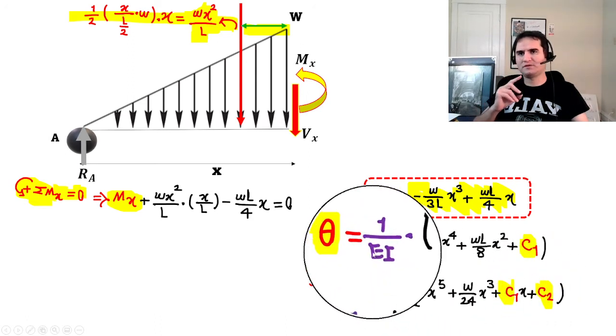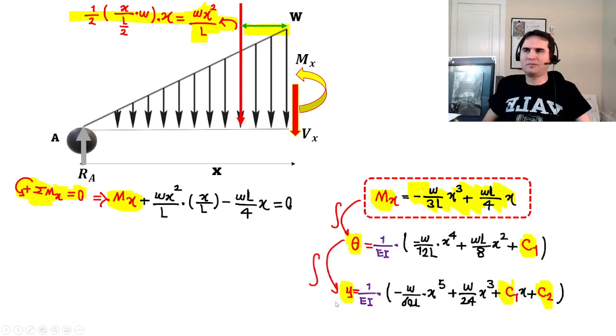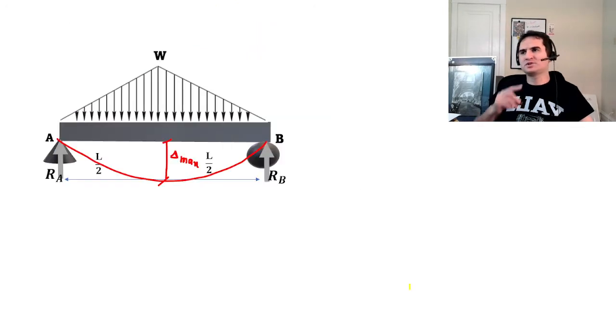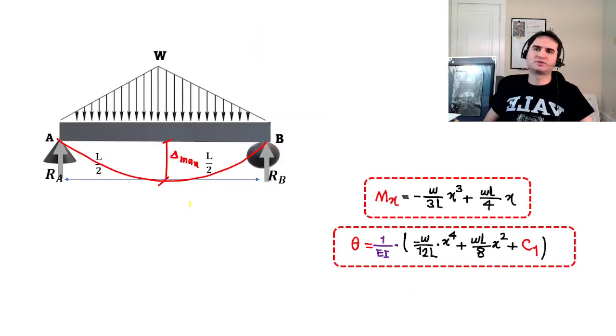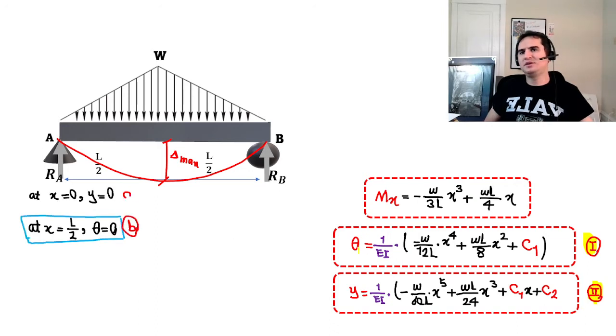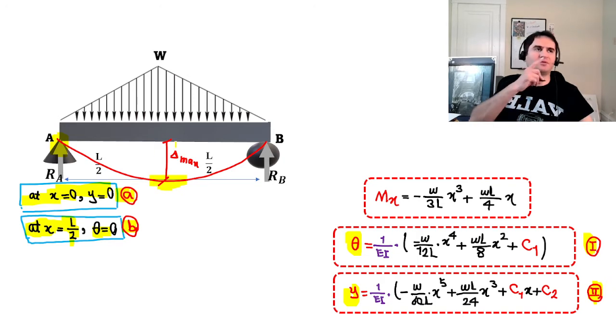Let's call these equations 1 and 2: one is the theta equation and the other is the delta equation. Our first boundary condition is at x equal to 0, delta is 0. The other, at x equal to L over 2, is that theta is equal to 0, halfway through at the center.